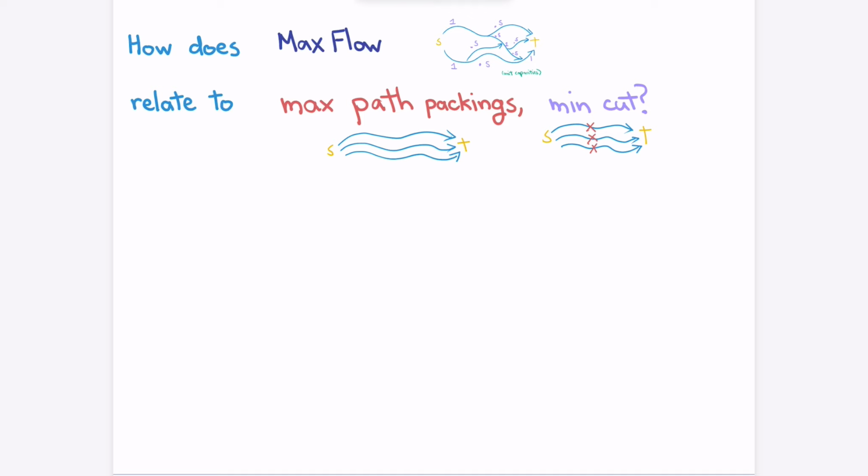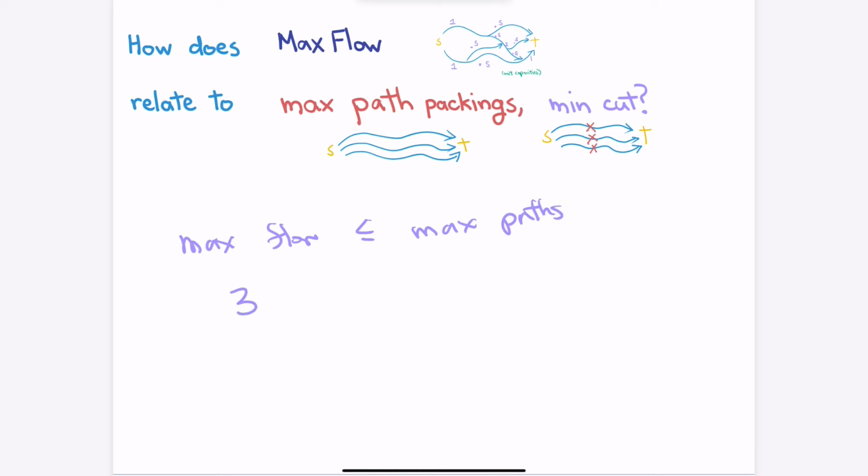Max flow is the lesser one. So you're saying that if I can route 10 units of flow, I should be able to find at least 10 paths from S to T. Okay, maybe we can take a vote. Okay, good. So who else thinks that max flow is less than or equal to max path? Okay.